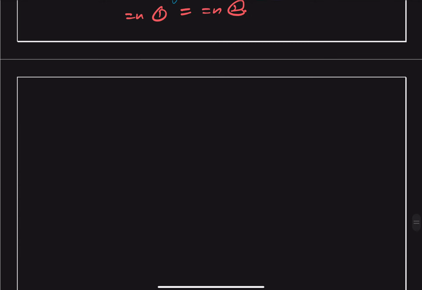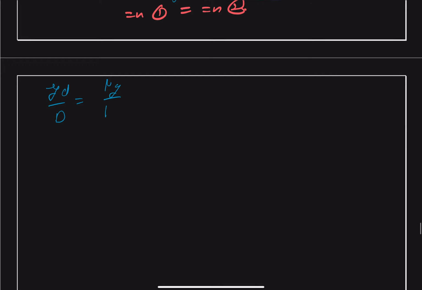So we equate both equations, we get y d upon capital D is equal to refractive index of glass over medium minus 1 multiplied by T. So from here we get that our y, that will be our shift, will be equal to (mu g over mu m minus 1) T capital D divided by small d. Now we easily substitute the values.